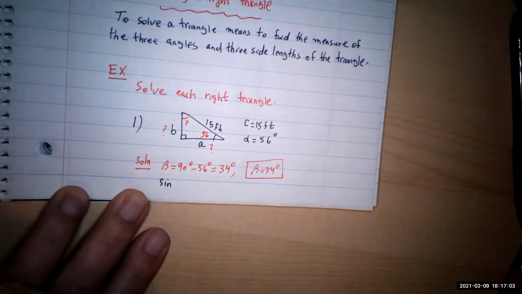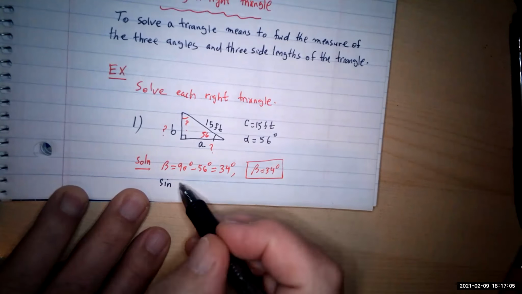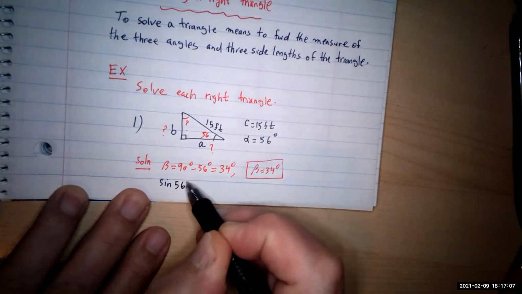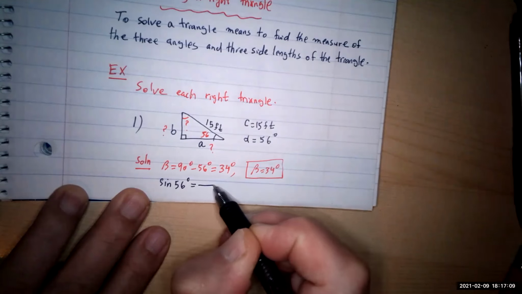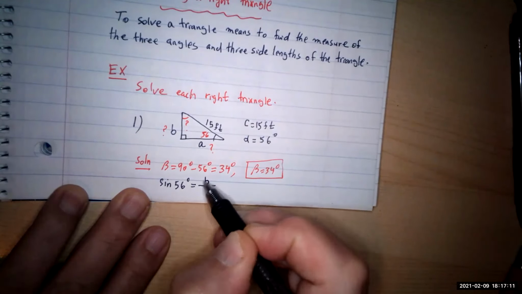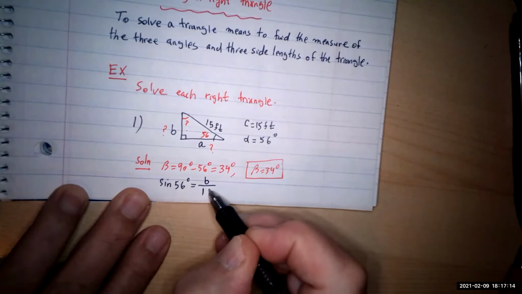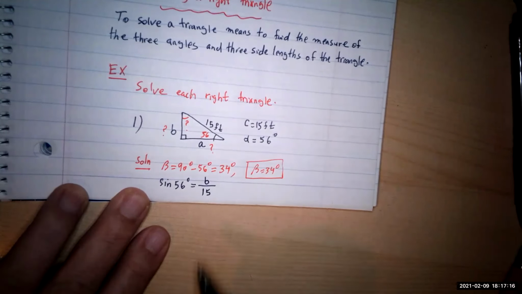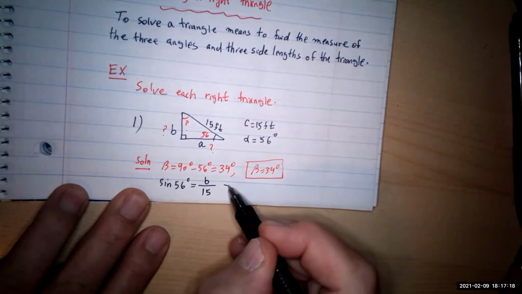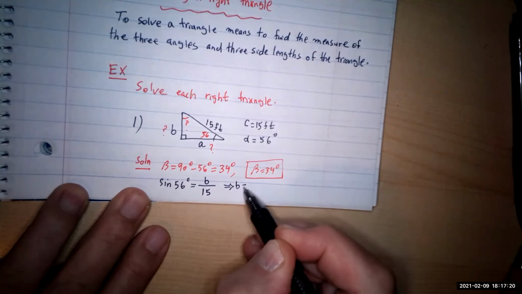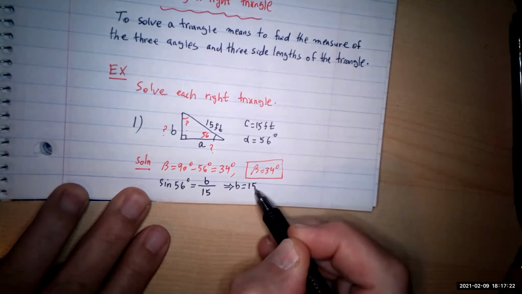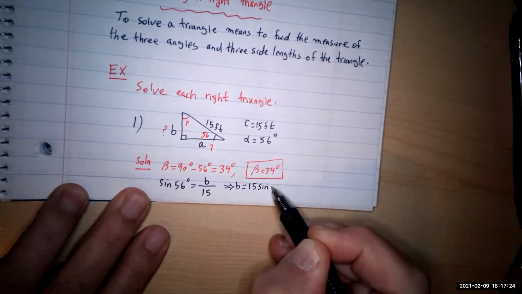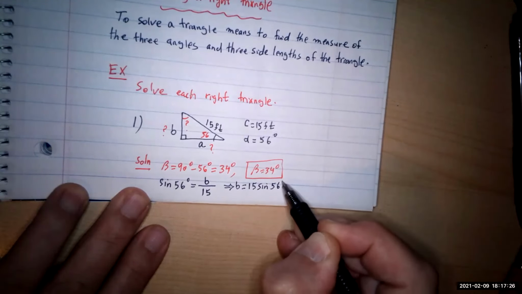The sine of 56 degrees is going to be equal to B over C, B over 15. If you cross multiply, B would be equal to 15 times sine of 56 degrees.